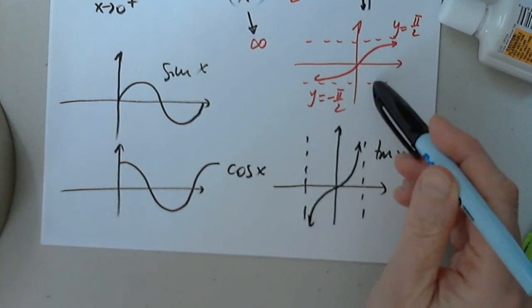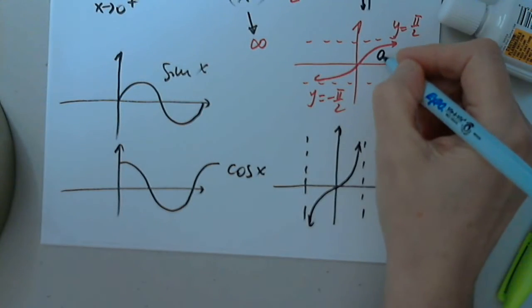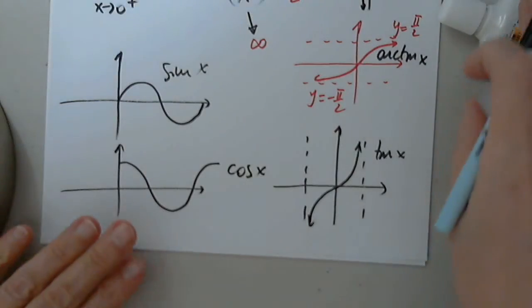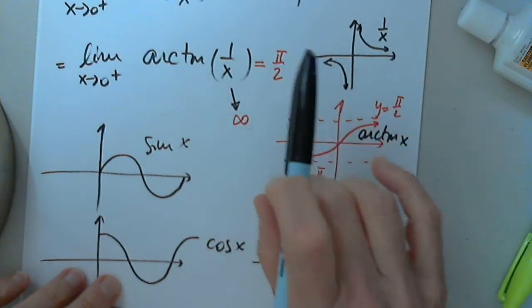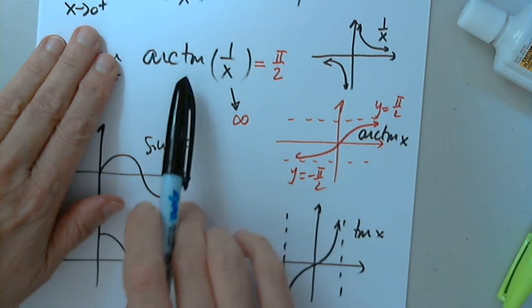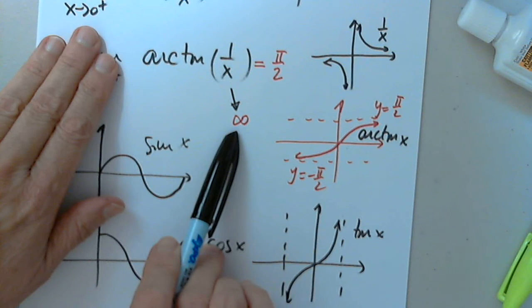I have a question about the arctangent problem. Yes. I get the 1 over x infinity. How did we get the pi over 2 again? If it's approaching 0 from the right. No. We are talking about arctangent of infinity.